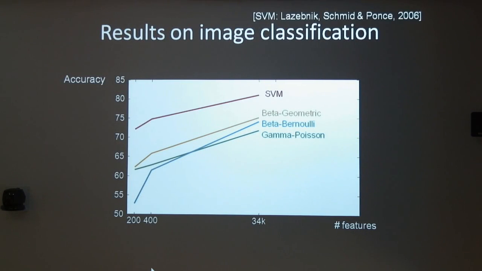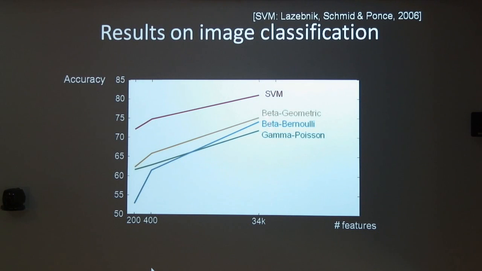And some results on image classification. This is compared to support vector machines, and it does pretty poorly on the same set of features. We tried to reproduce as best as we could the features from that paper, Vapnik 2006. But the one thing that is not shown in that graph is the speed at which this computation is done.